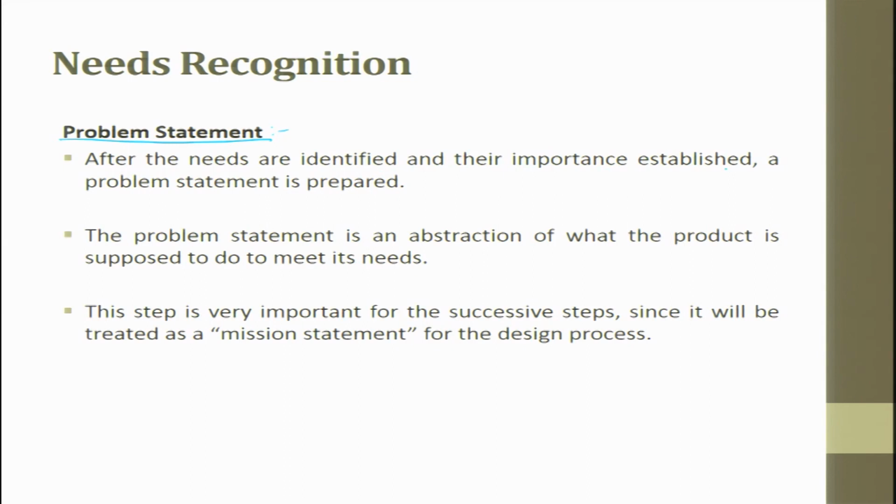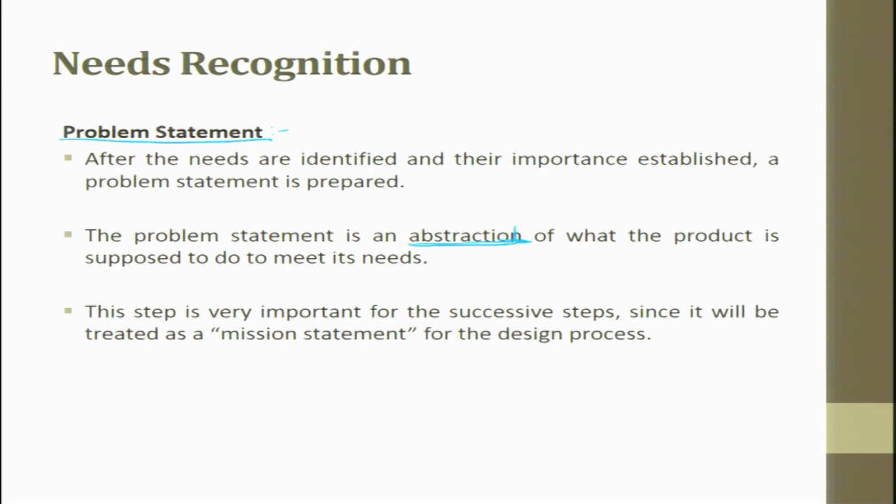After the needs are identified and their importance established, a problem statement is prepared. The problem statement is an abstraction of what the product is supposed to do to meet its need. It is an abstraction, it is an abstract thought. You cannot nail it by saying that the temperature of the human body should be maintained at 27 degrees, or the cold drink, whatever it has to be, should be around minus 2 degrees or it can be 12 degrees.